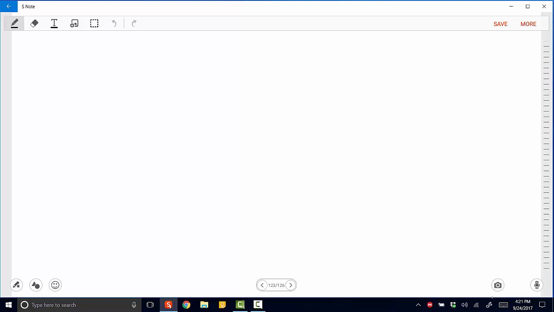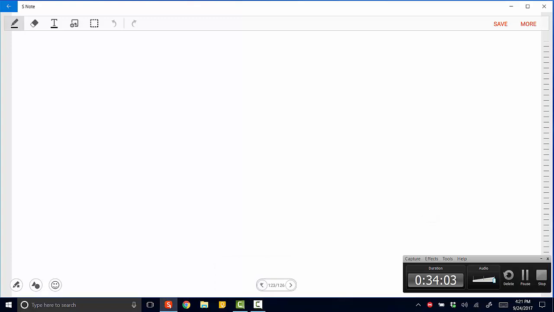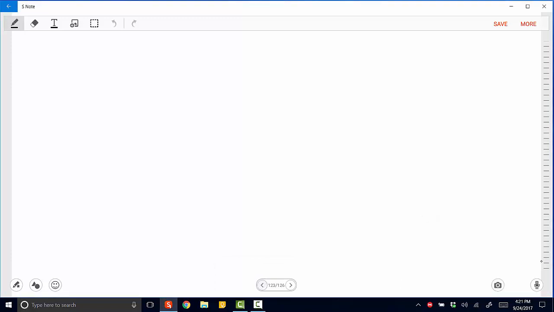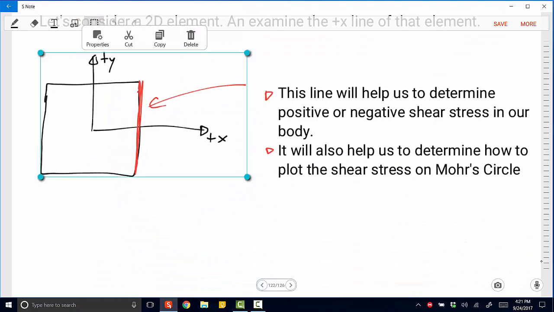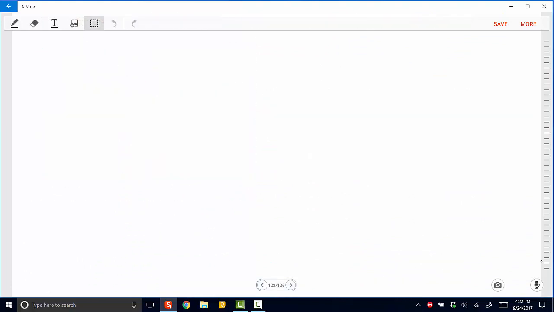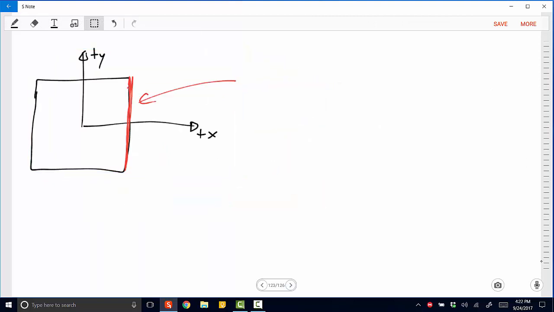Is it positive or negative? And then also let's say, well, how will we plot our Mohr's circle? So let's copy that element we've already drawn. And let's draw shear stresses around that element.